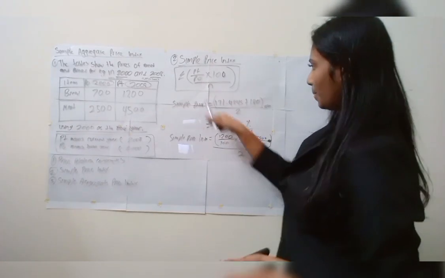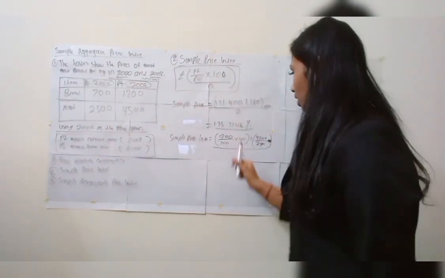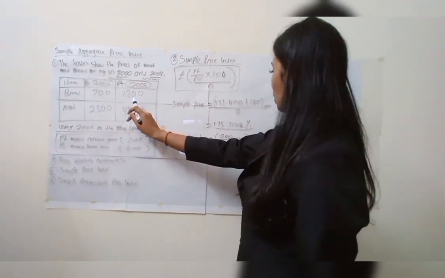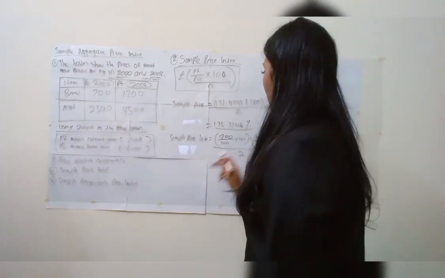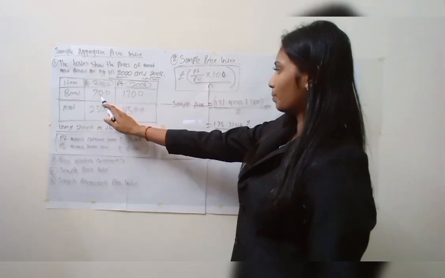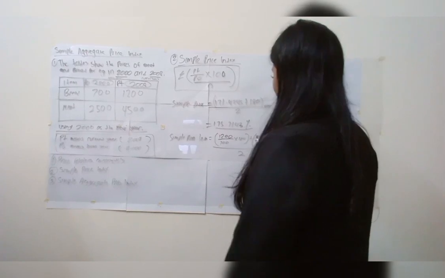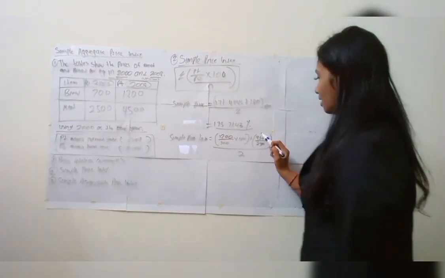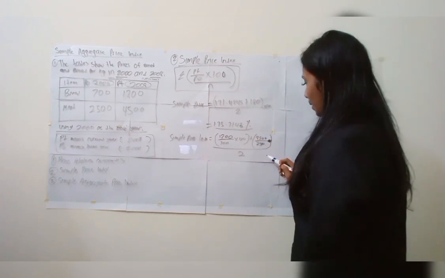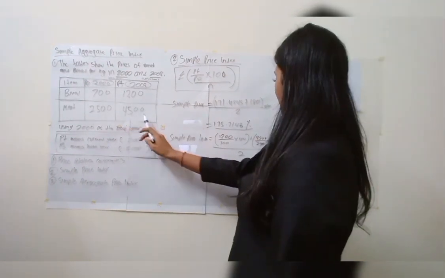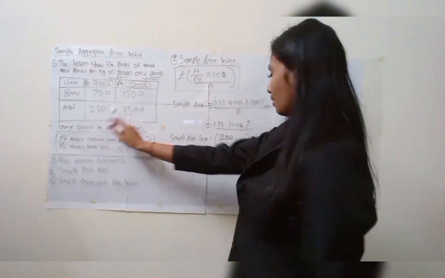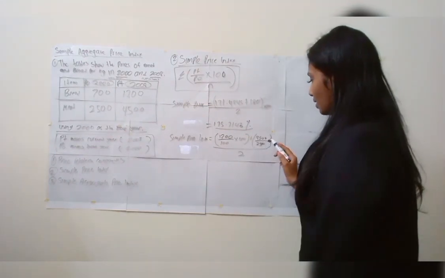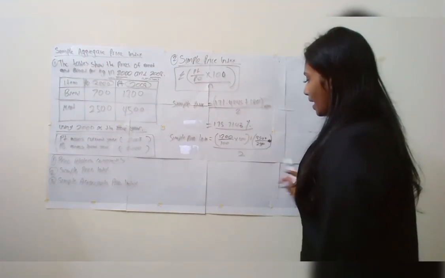Okay, so followed by this PT and PO. So PT is 1200 and PO is 700, plus 4,500 divide 2,500 close bracket times 100 close bracket divide 2.